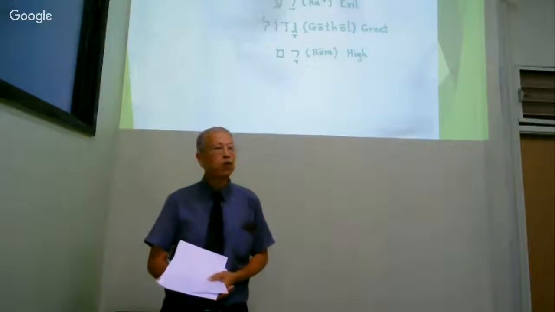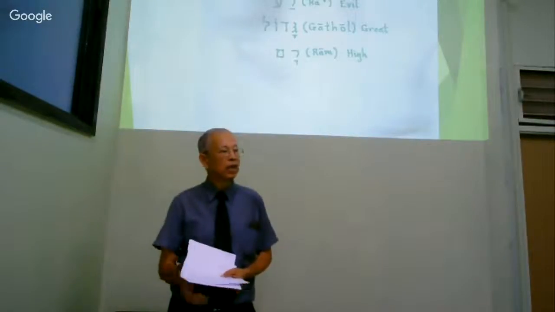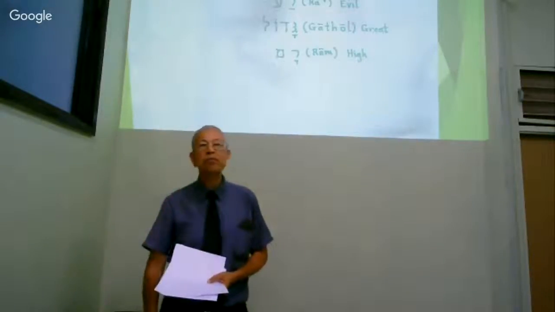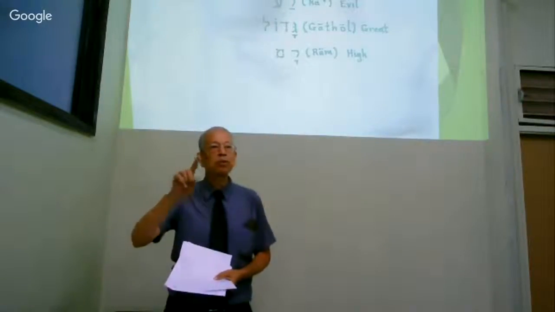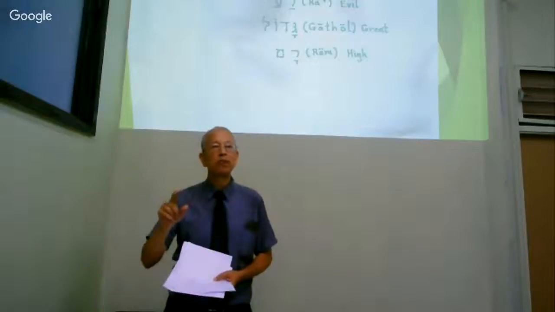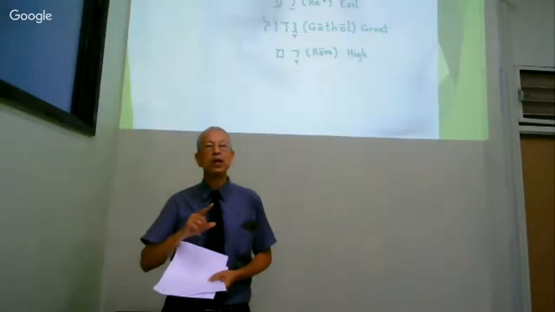The adjective describes the person, place, or thing that is identified. The man has done a great job. Great is the adjective, job is the noun. You have not just said he has done a job, you have told us what kind of job it is, a great job.